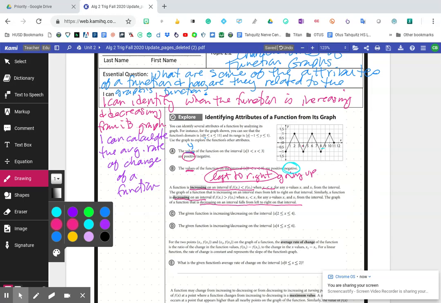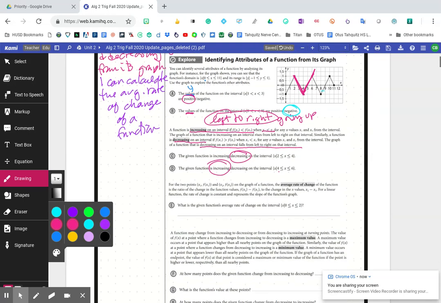So is the given function increasing or decreasing on the interval from 2 to 4? From 2 to 4 on the x, we are definitely falling, so we are decreasing. Is the function increasing or decreasing from 4 to 6? From 4 to 6, I'm definitely rising, so I would be increasing as I go from left to right.